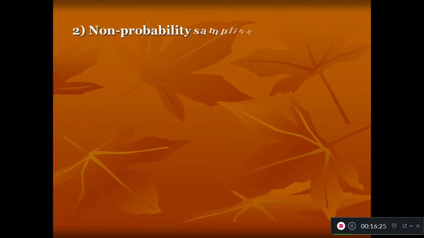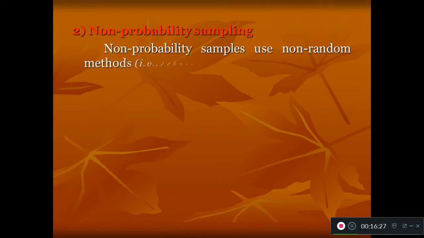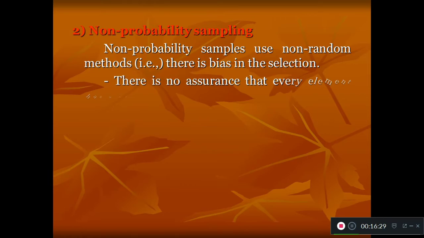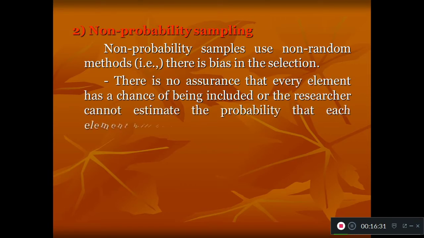The next one, the non-probability sampling method. This method uses non-random methods. There may be a lot of bias in the selection. So here we cannot give assurance that every element in the population has a chance of getting included in the research.